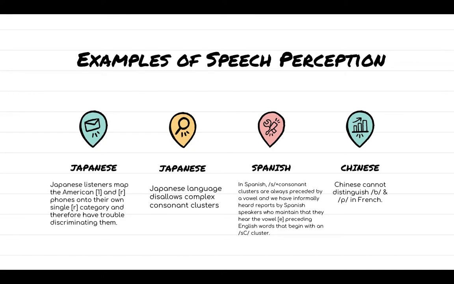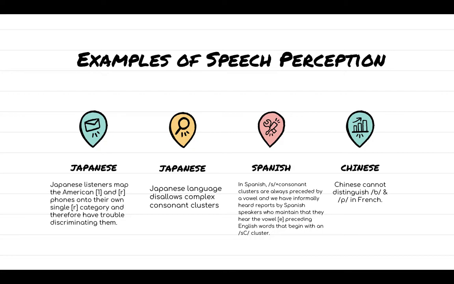According to the authors, speakers of a given language often have trouble distinguishing non-distinctive phones. For example, Japanese listeners map the American L and R phones onto their own single R category, and therefore have trouble discriminating them.